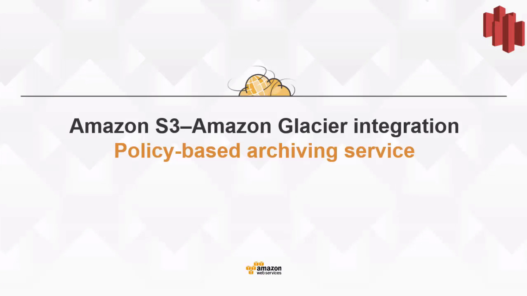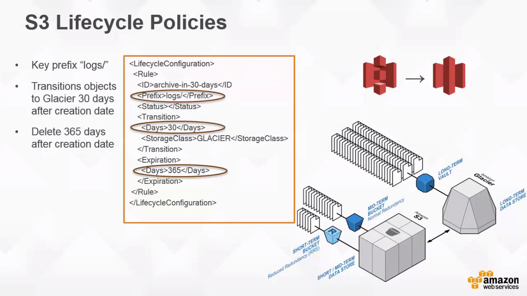We have integrated our S3 with Amazon Glacier service via policy-based archiving, so you can move data between these two services based on policies. Here is an example S3 Lifecycle Policy. We have configured this policy on a particular bucket, and it is applied against all objects with the prefix logs/.